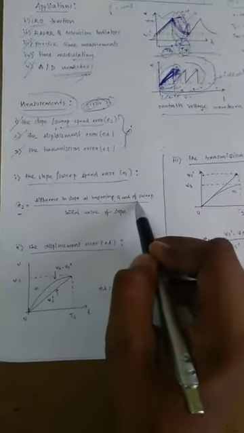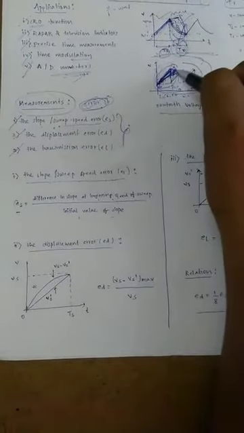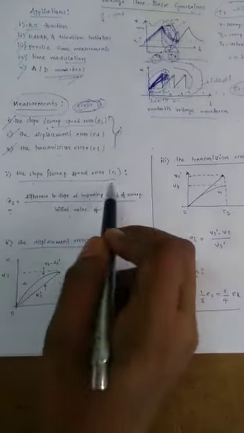The difference between the slope at the beginning and the end of the sweep, divided by the initial slope, gives us the slope or sweep speed error.